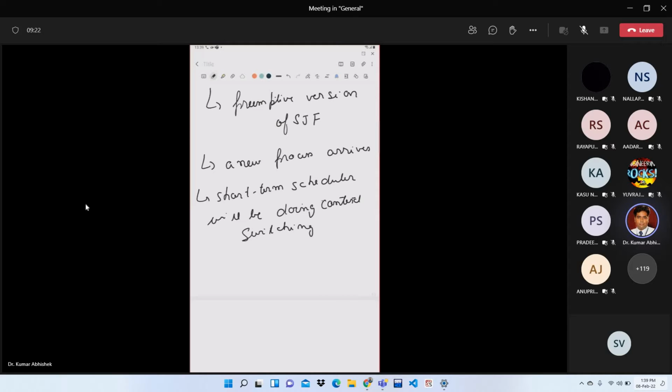So it happens one by one whenever a new process arrives. Now suppose all processes are available in the ready queue, then it will work in a non-preemptive manner.